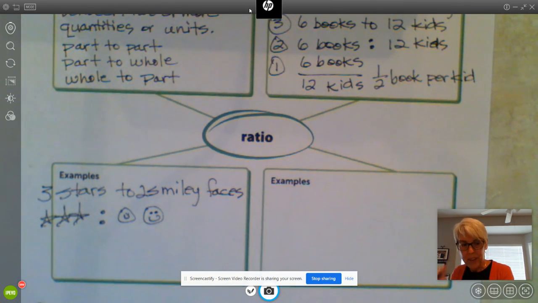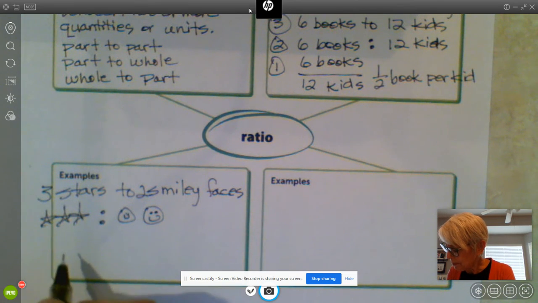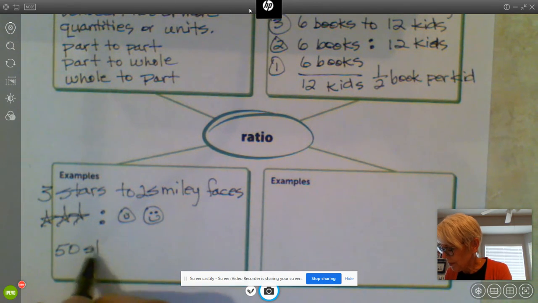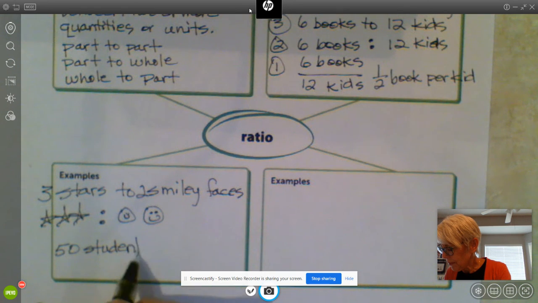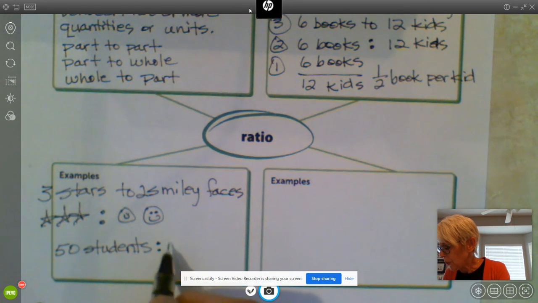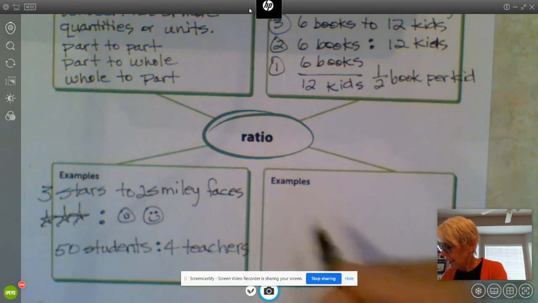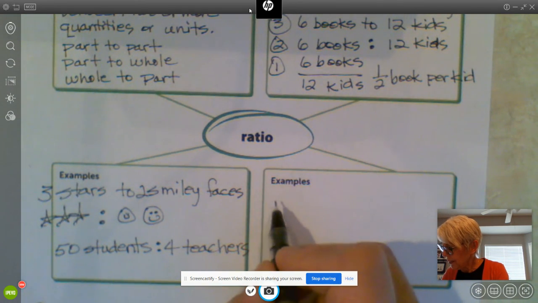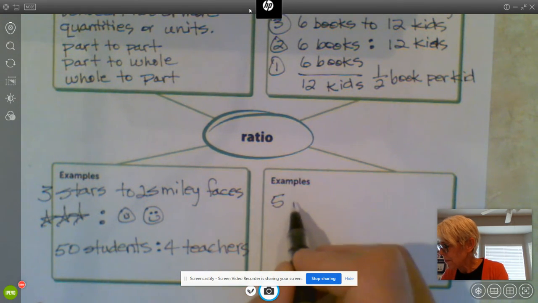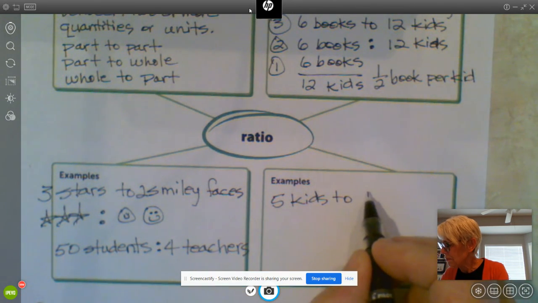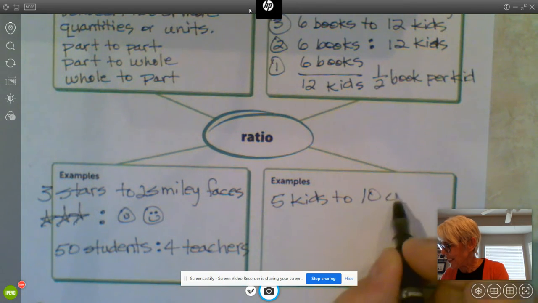Okay. We could also say 50 students to 4 teachers. Let's do a food one. Let's say we've got 5 kids to how many cookies? Let's say 10 cookies.